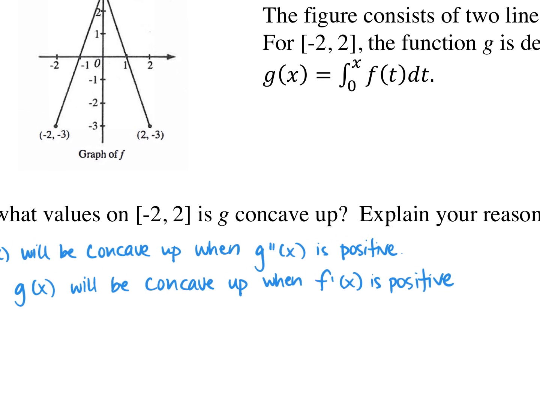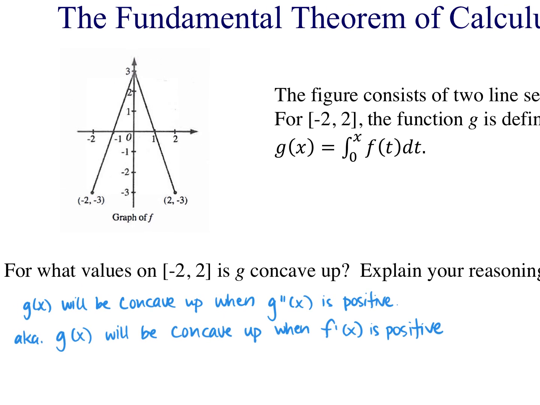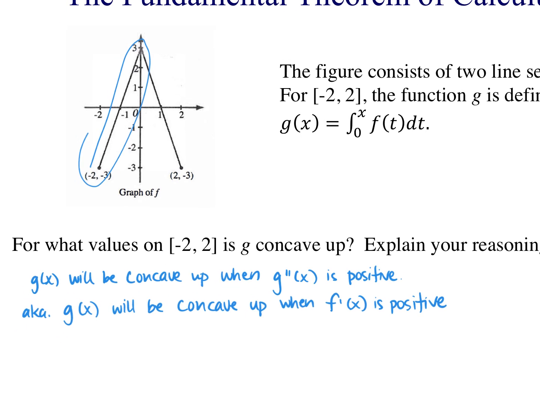So how are we going to get F prime of x to be positive off of the graph of F of x that we're looking at? Okay, so when is F prime positive? Okay, from where to where? Right, this whole section right here has positive slope. So on -2 to 0. Good. Define it first, then try and answer the question.